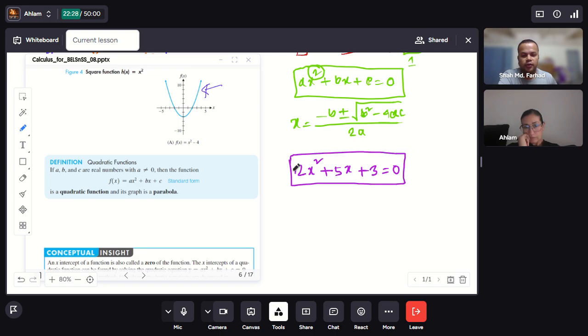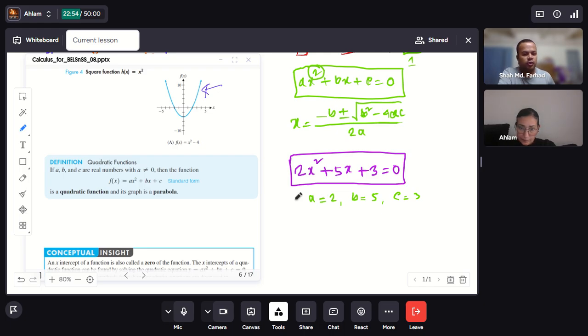So how can we solve it? Here a equals 2, b equals 5, c equals 3, right? Now we have the values of a, b, c.